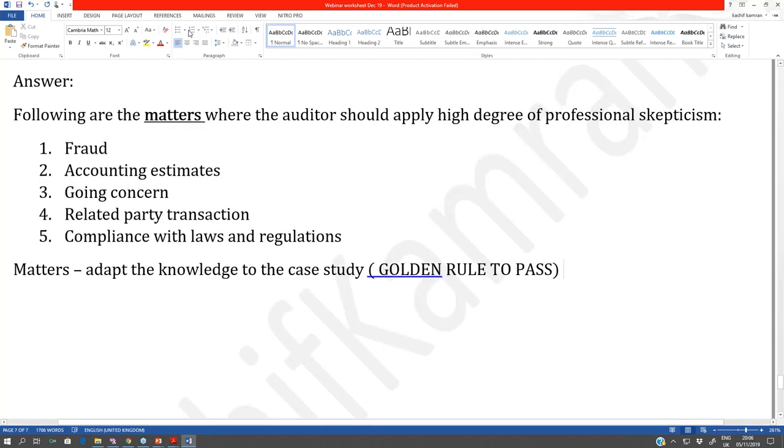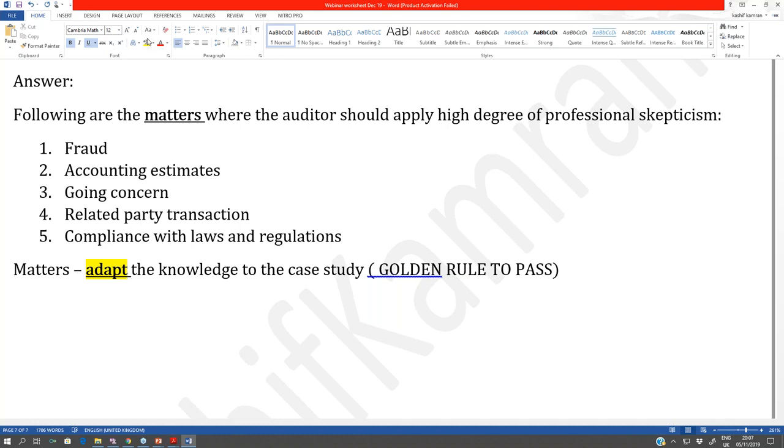The student just tries to copy paste the knowledge into the answer script, rather than adapting. Adapt means to change the knowledge in the context of the case study. And this is very, very important. Now, fraud, accounting estimates, going concern, related party transactions, and compliance with laws and regulations are the areas where I have to be skeptical.